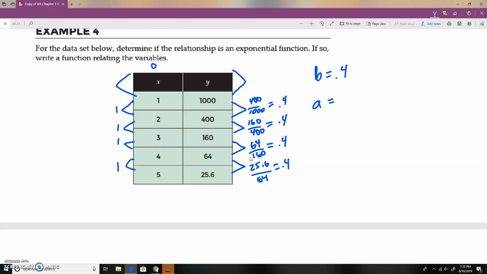We're going to take the y value for 1, which is 1,000, and divide it by our b value. If we punch that in our calculator, we get 2,500 as our a value. And now we can write our function, y equals 2,500 times 0.4 raised to the x power.